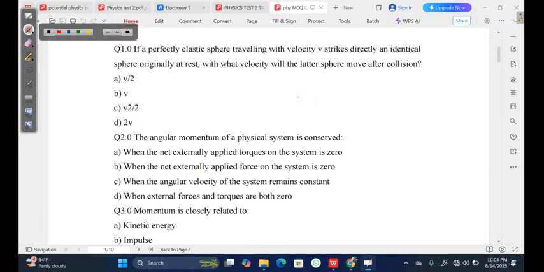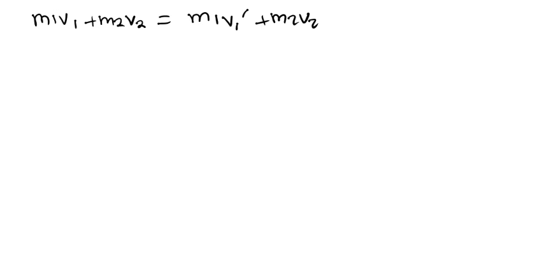What is happening here is an elastic collision. For elastic collision, we have this formula: m1 v1 plus m2 v2 is equal to m1 v1 prime plus m2 v2 prime.